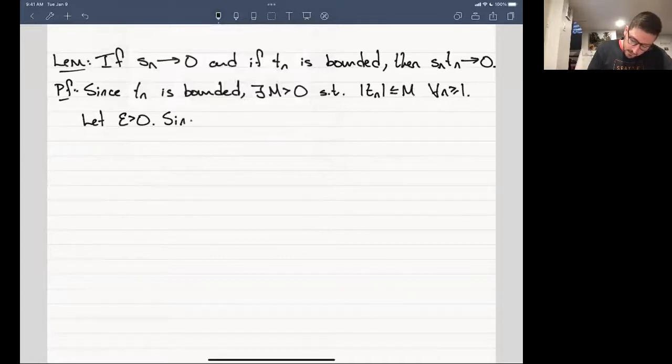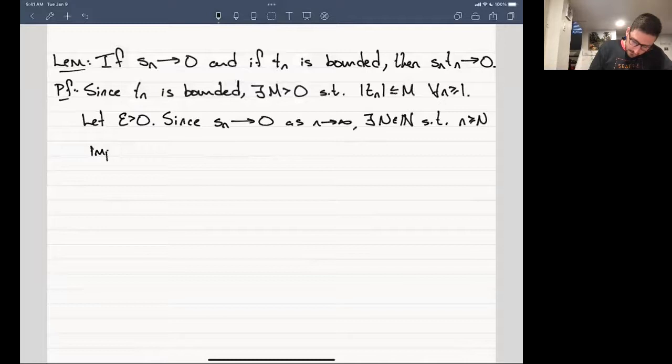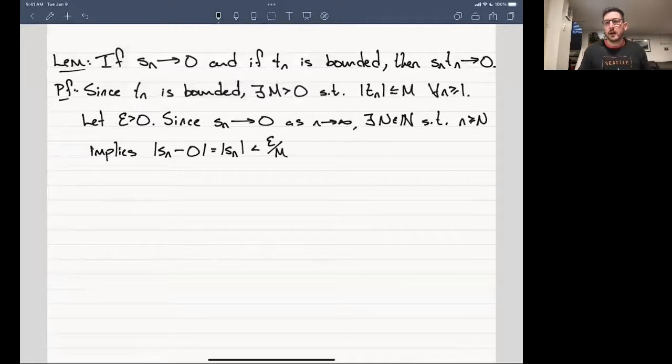And we can say since Sn converges to 0 as n goes to infinity, well, then by definition, there exists a natural number capital N such that if I look beyond that natural number, this implies Sn minus its limit 0, which of course is just the absolute value of Sn, is less than epsilon over M. Again, epsilon over M is a positive number, so of course I can make Sn smaller than this. This is just the definition of converging to a limit for a sequence.